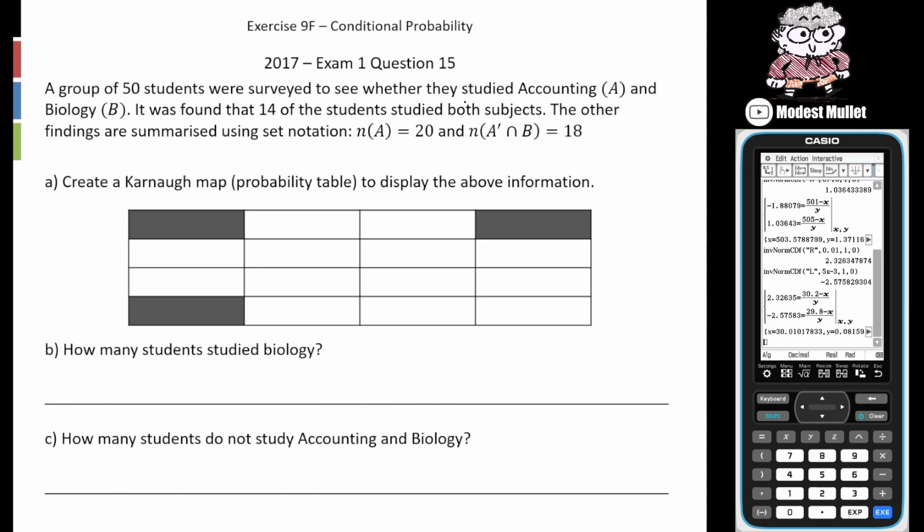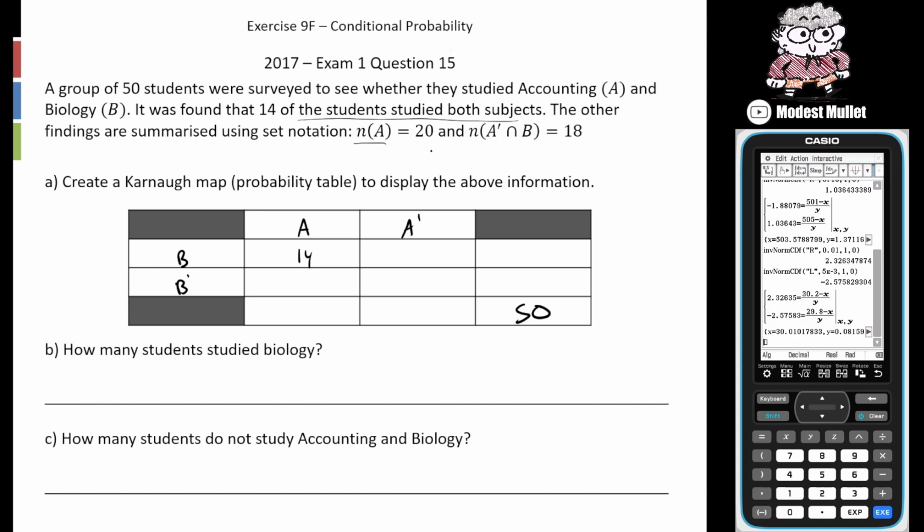A group of 50 students were surveyed to see whether they studied accounting and biology. A is for accounting, A dash is not accounting, B for biology, B dash not biology. A total of 50 students were surveyed. 14 of these students were found to study both, so we can put 14 in for both. The other findings are summarized using set notation.